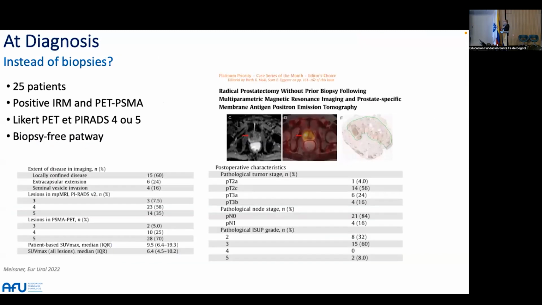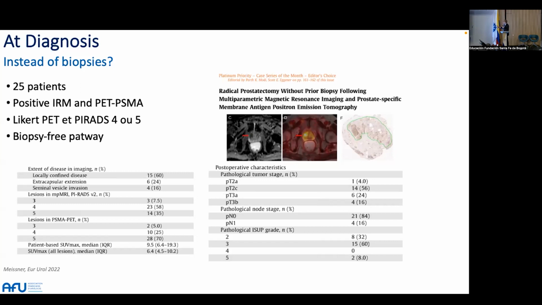Second point that is very important, and I'm sure that Philippe Camparo will listen to this study. It's a small study of 25 patients, and they look at positive MRI and positive PET PSMA, and they look at the issue of whether the patient has cancer or not. That means, can we skip prostate biopsy and have a diagnosis of prostate cancer just based on imaging?